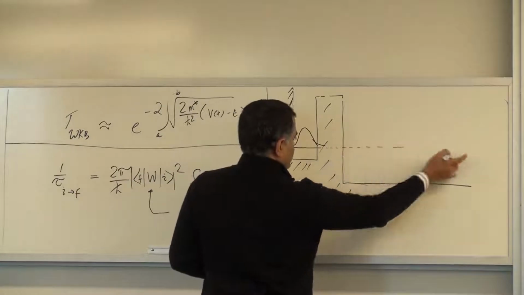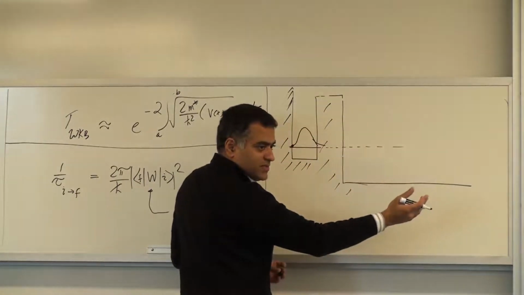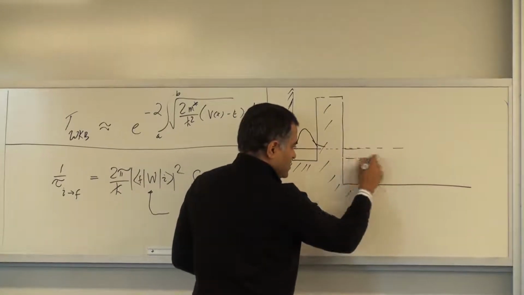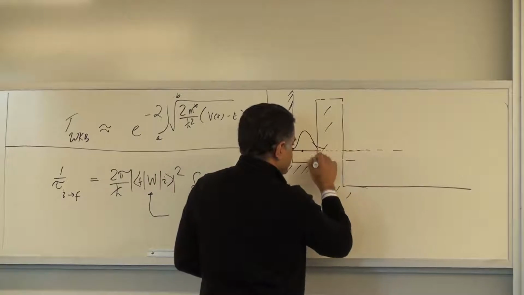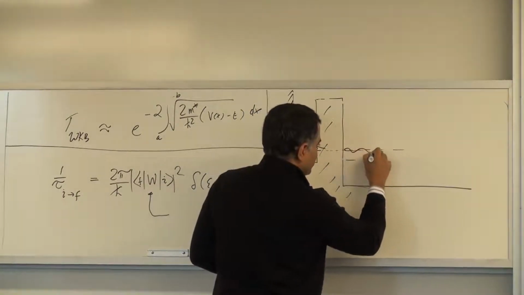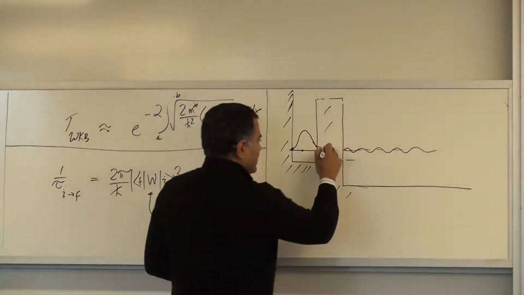And then if you go out here, in fact, these are all allowed states on the right side. Does that make sense? This is an allowed energy, this is an allowed energy on the right side. So that means corresponding to this state here, I'm going to just sketch it, the real part of the wave function looks something like that. This is very small.